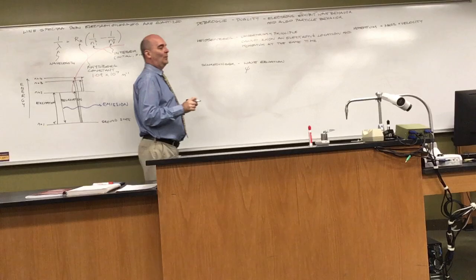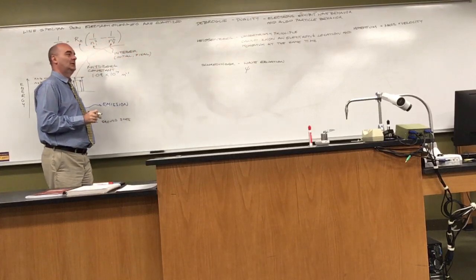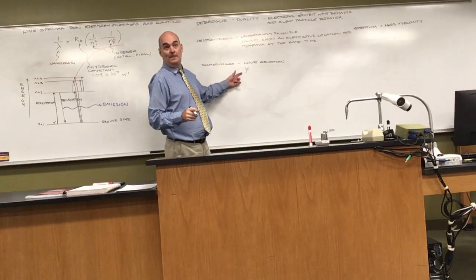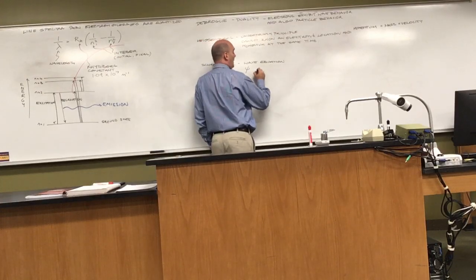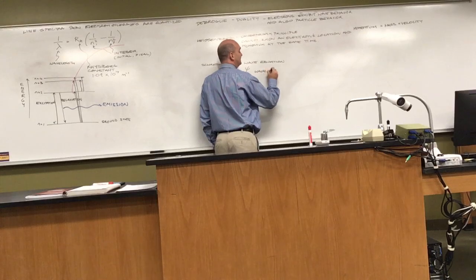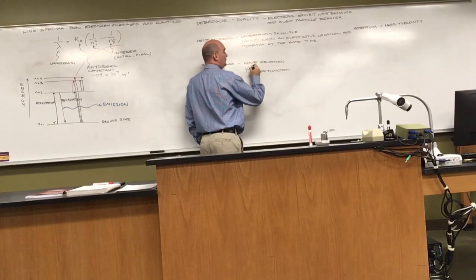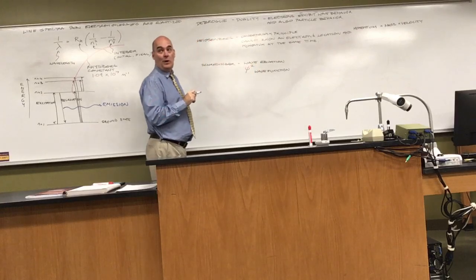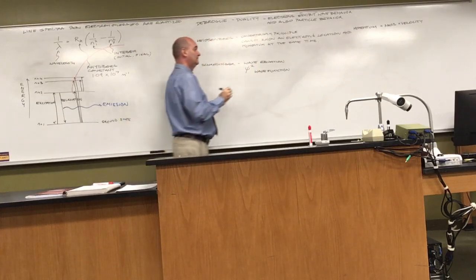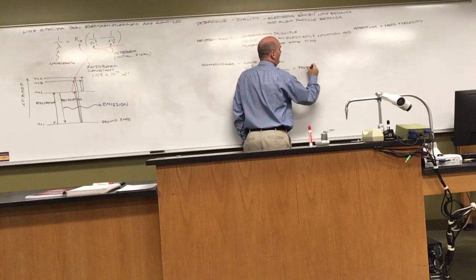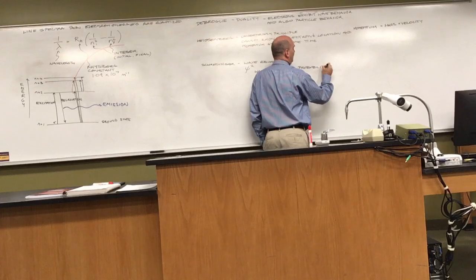What comes out of his wave equation is psi, and psi is what we call a wave function. If you square the wave function, it gives you a probability of finding the electron.